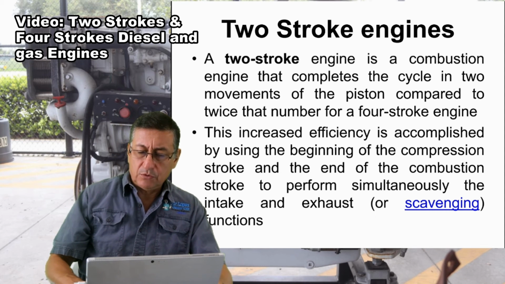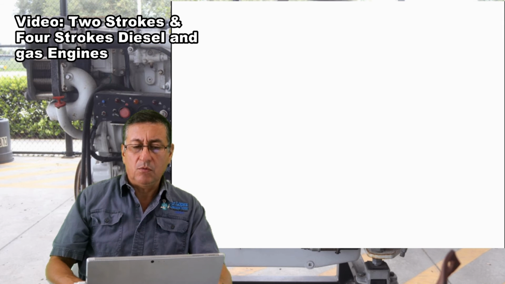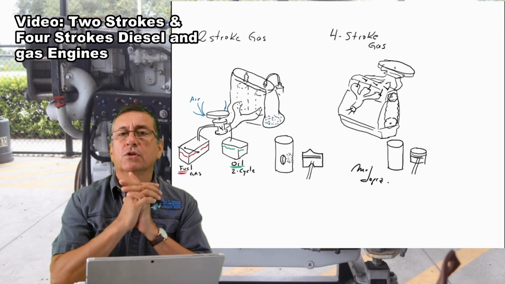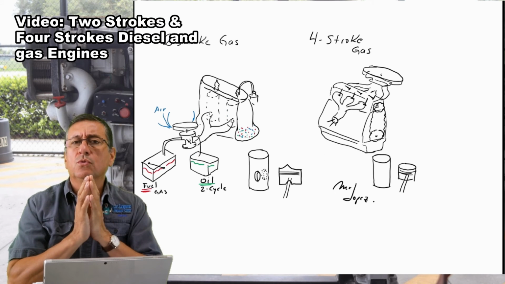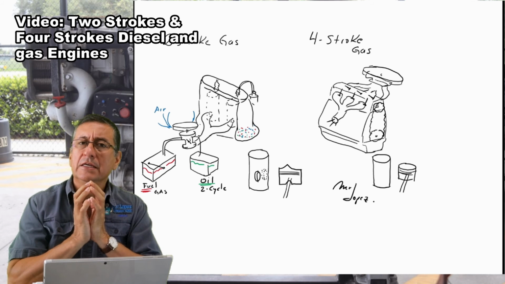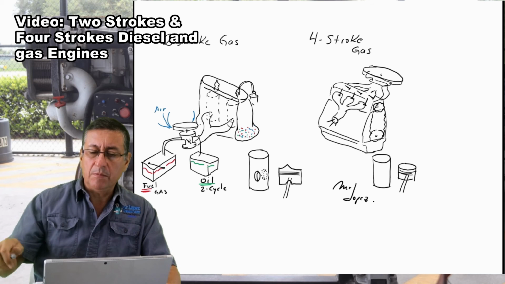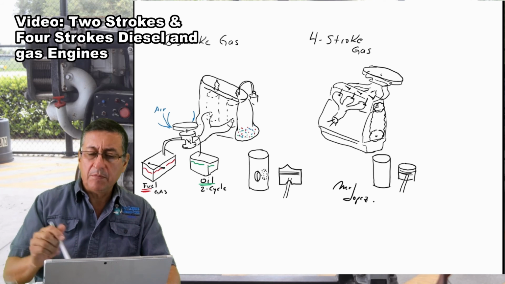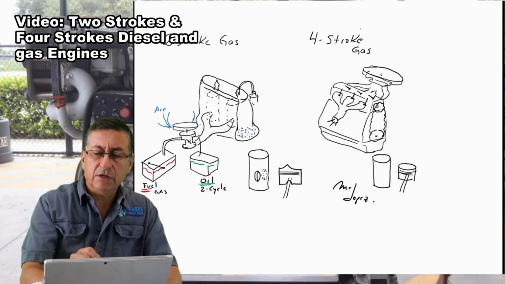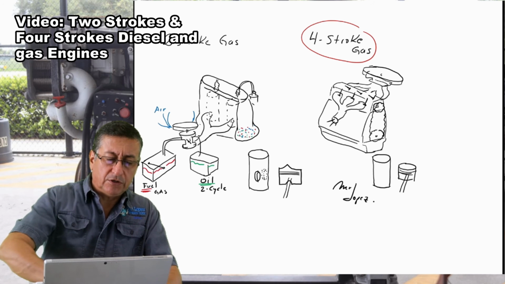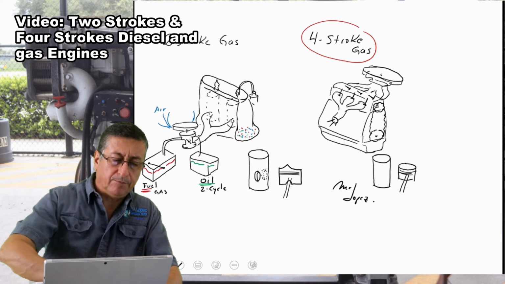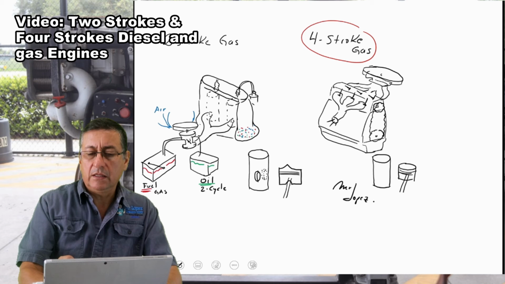All right, now I am going to explain quickly what is the main difference between both types of engines. But in order to understand easily the 2-stroke gasoline and 4-stroke, let me explain something about that. If you remember, in a 4-stroke gasoline engine, we have the head, and on each side of the head you have an exhaust manifold and an intake manifold.